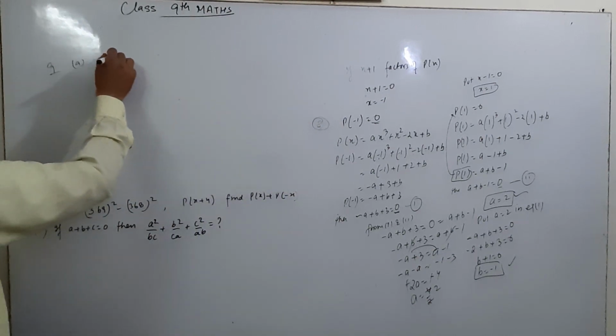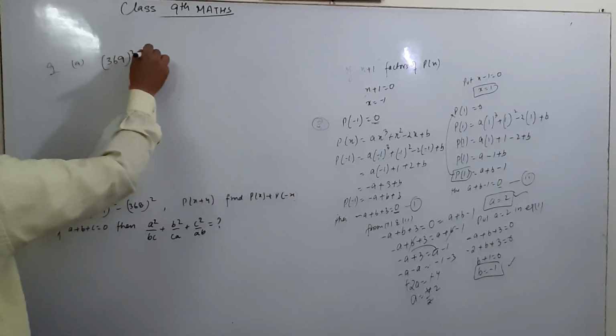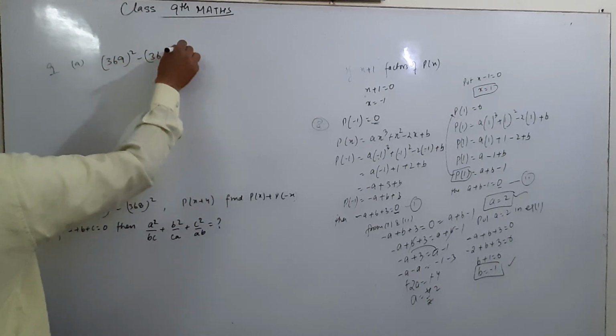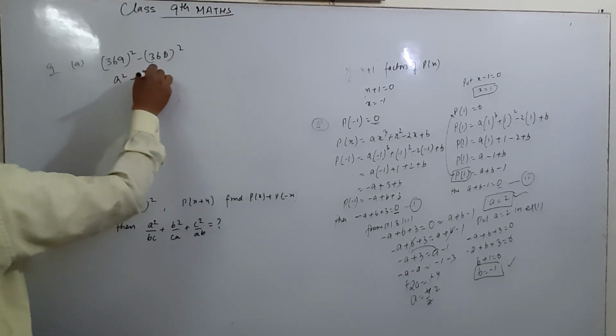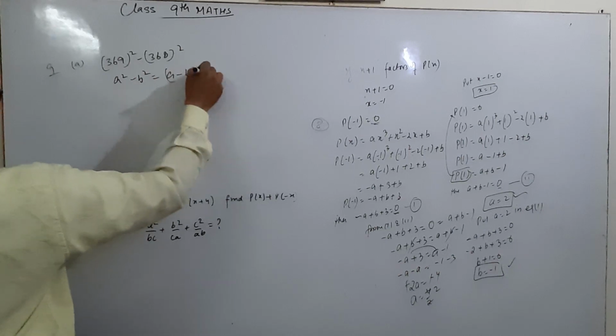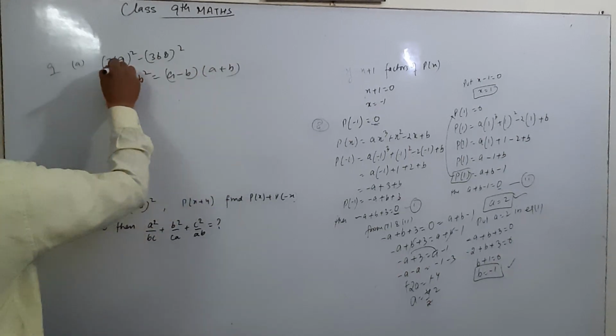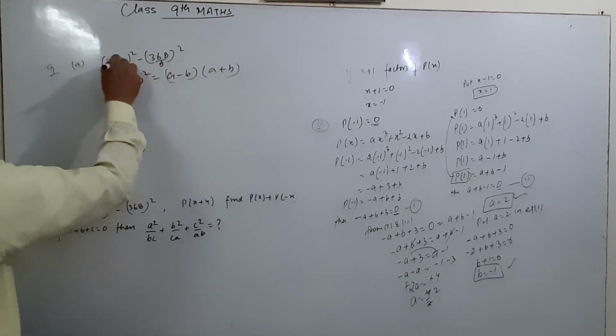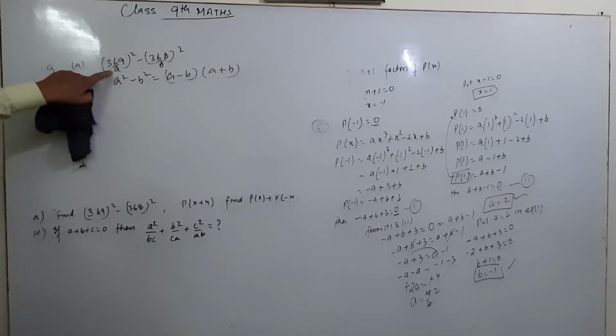369 whole square minus 368 whole square. We know A square minus B square is equal to A minus B times A plus B. Here this is A and this is B. We apply the identity.